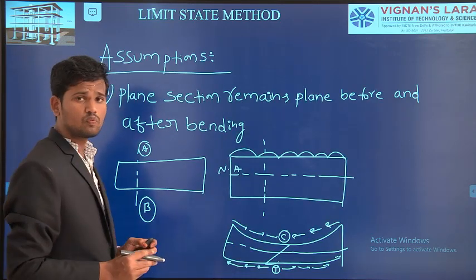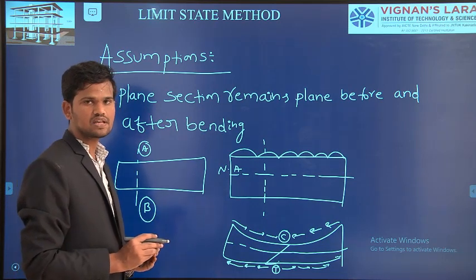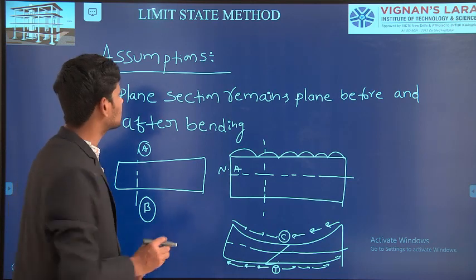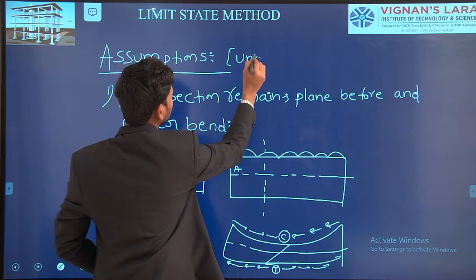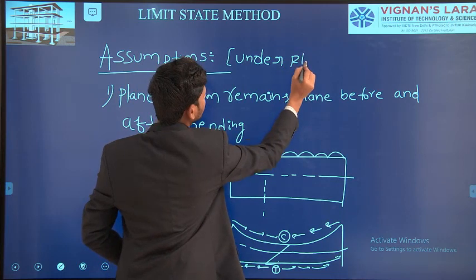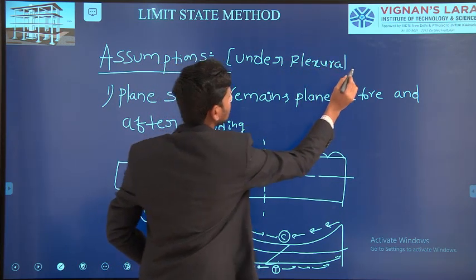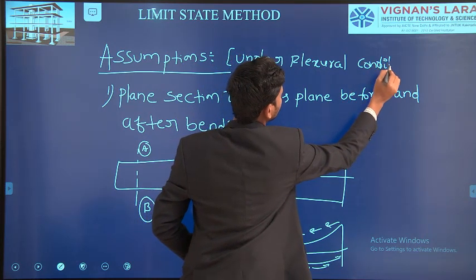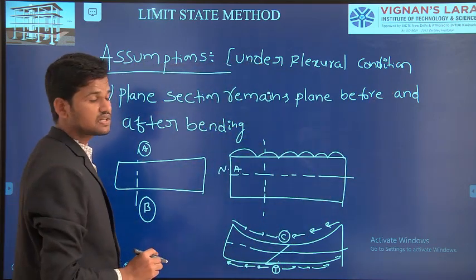While going deeper into the discussion, first we will see the different types of assumptions for the limit state method of collapse under flexural condition. Here I am writing it as under flexural condition.